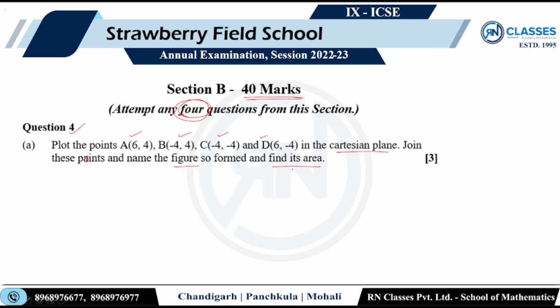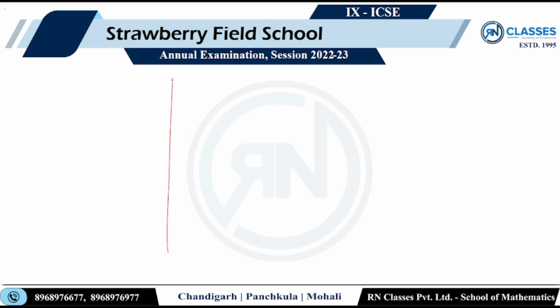Okay. सबसे पहले plotting कर लेते हैं हम लोग. This is X, this is Y. The first point was 6, 4, which was A, and the second point was somewhere here, -4, 4, which was B. Third point C was somewhere over here, -4, -4, and D point was somewhere over here, 6, -4.